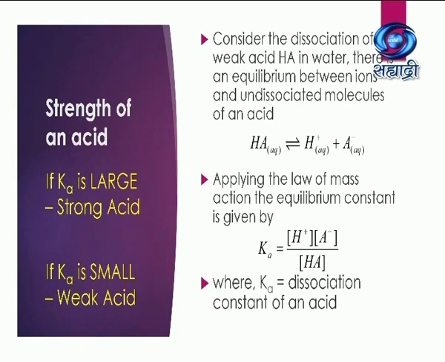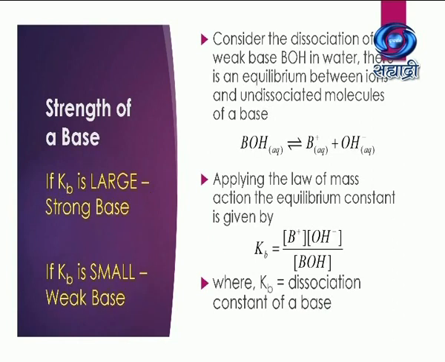But on the contrary, if this Ka is small, this means that there are very few H plus and A minus ions present, but a large concentration of undissociated HA molecules is present. So if Ka is small, the acid is considered a weak acid.